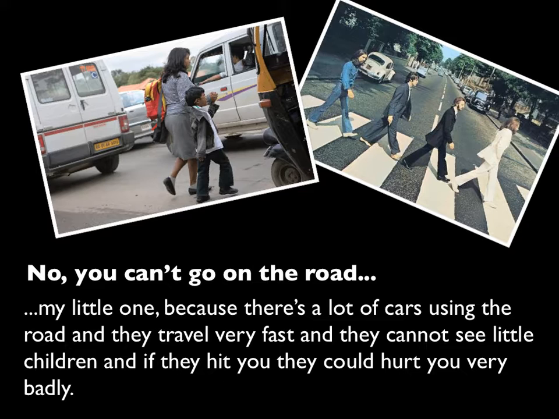Now that's an explanation. And notice it uses causality to make its point. Notice it incorporates 5 action verbs using travel, see, hit and hurt. These action verbs are linked causally.